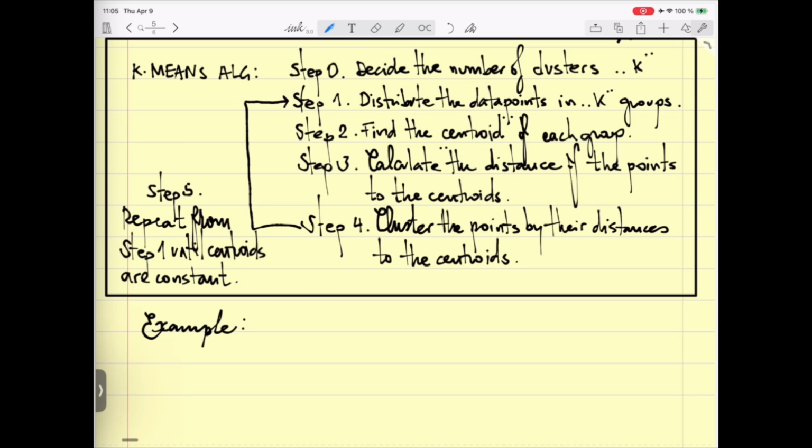Okay, so example. Imagine we have 5 factories with coordinates 0, 3; 6, 1; 1, 2; 7, 0; and 2, 4.